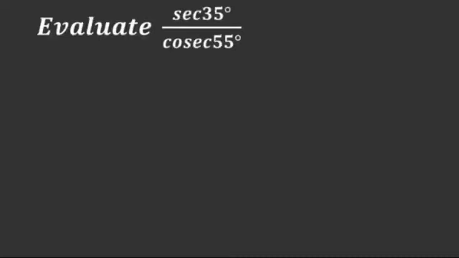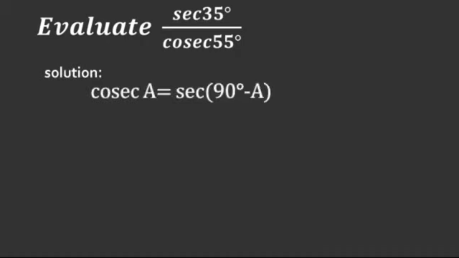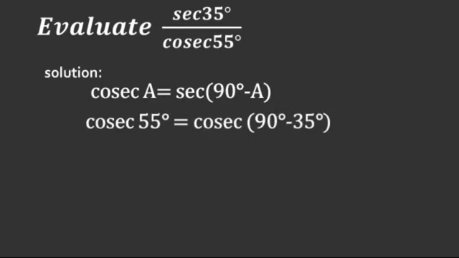Evaluate secant 35 degrees by cosecant 55 degrees. Solution. From trigonometric ratios of complementary angles, cosecant A is equal to secant 90 degrees minus A. Cosecant 55, we can write as cosecant 90 minus 35, because 90 minus 35 equal to 55.